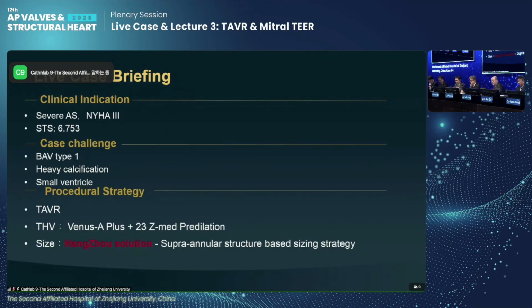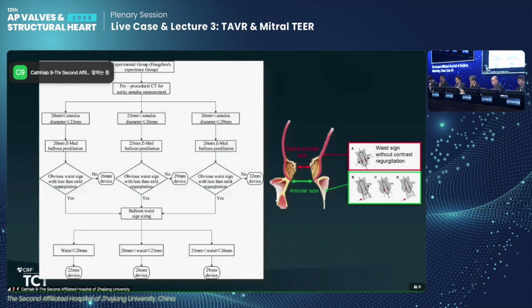Because the annulus is between 23 to 26, we will use the 23 for balloon pre-dilatation, and then see if there's a waist or regurgitation. If there's a waist and no regurgitation, then we will downsize the valve to the 26 millimeter Venus A+. If there's leakage or no waist, then based on the annulus, we will choose the 29 Venus A+.